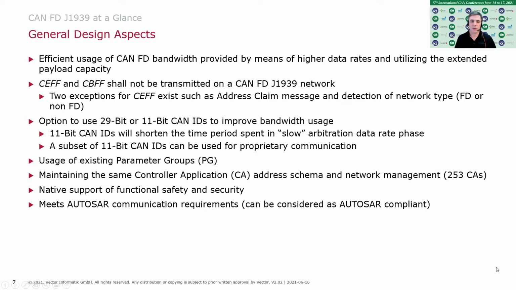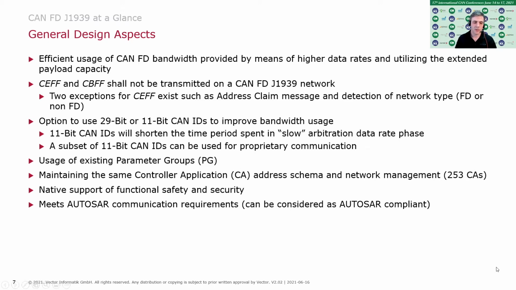Very good news, and this is really a design goal, is that we can stay with the existing parameter groups. So on the application layer, there is no change or nearly no change. It is really very easy, and you only need to replace the lower layers in your communication stack.